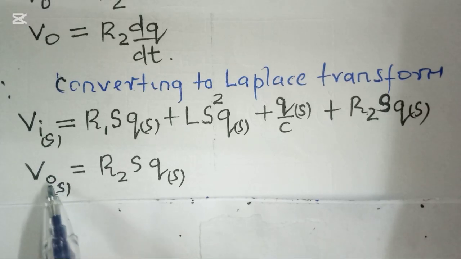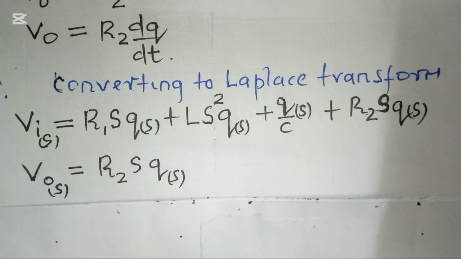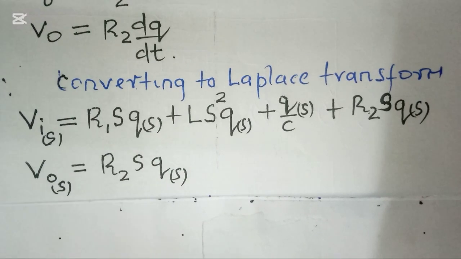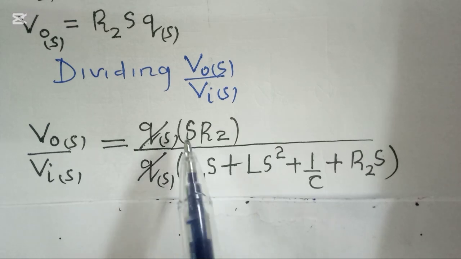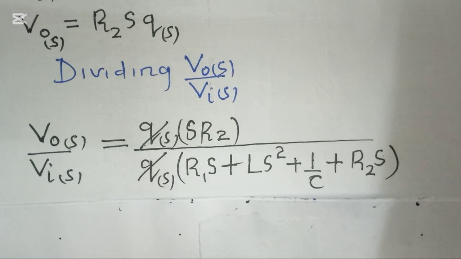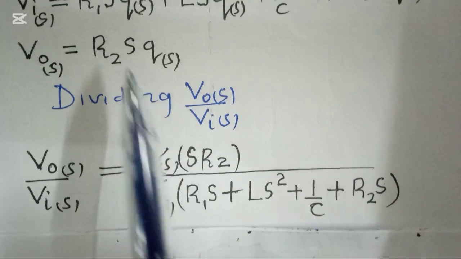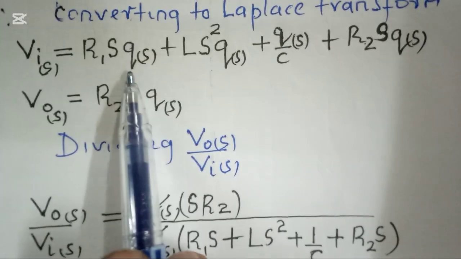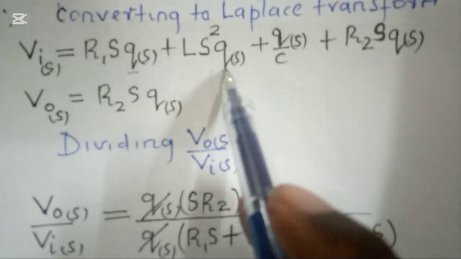Now we come and divide V0S over VIS. So when we divide, this is what we get. We have actually factored out the QS. As you can see, the QS is common in all of these terms.